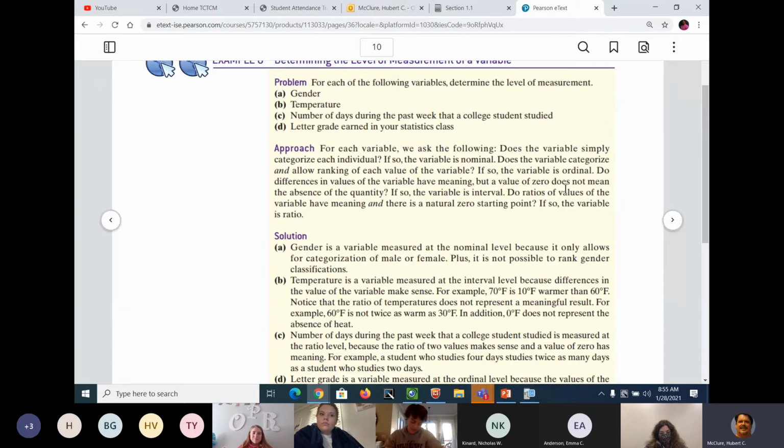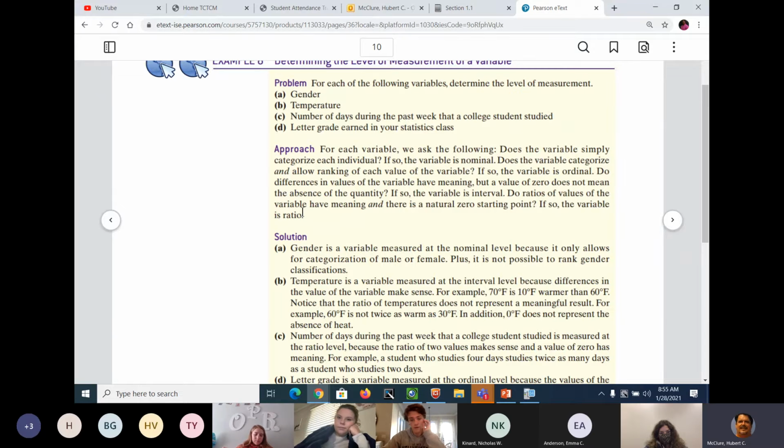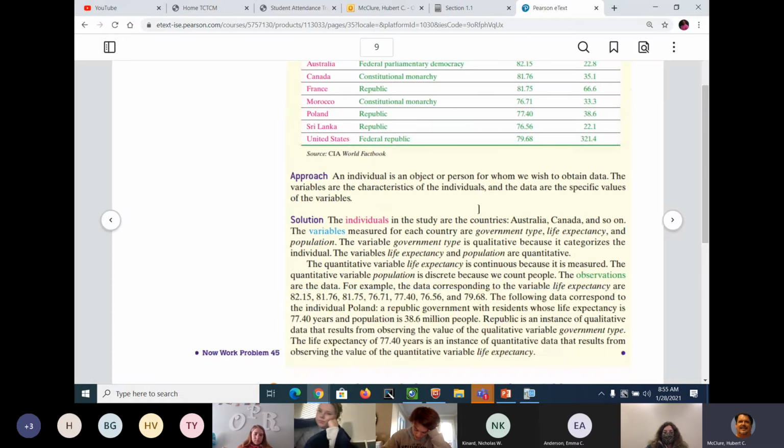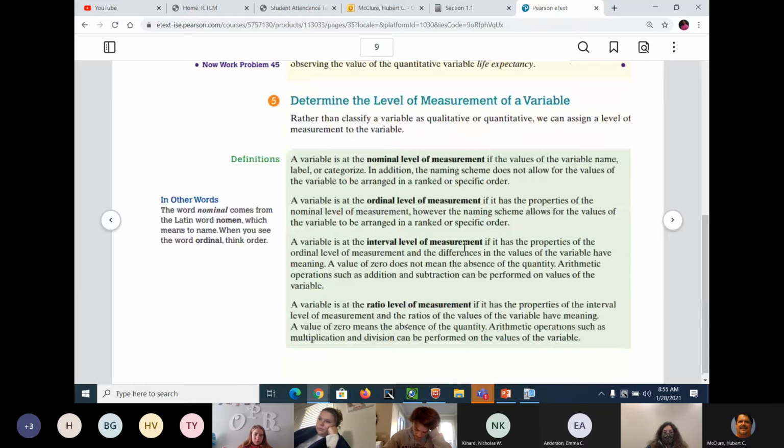Exactly. So you can say that age is interval, because 0 days old does not mean that you don't exist.